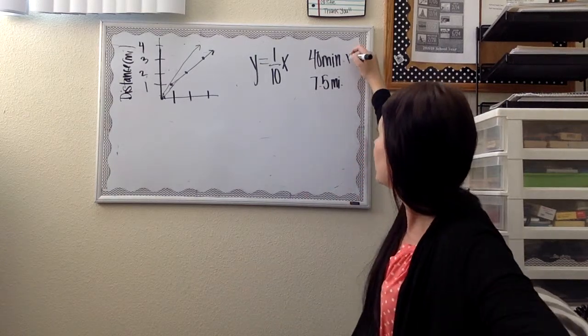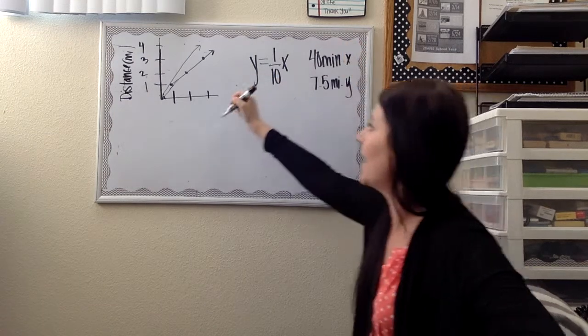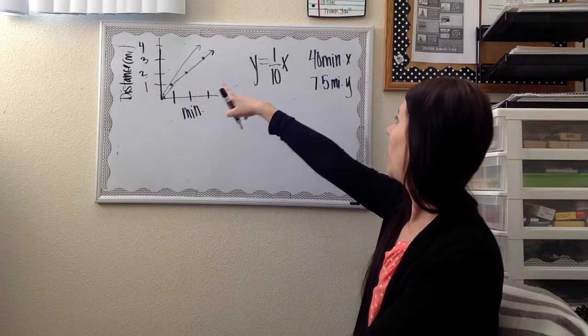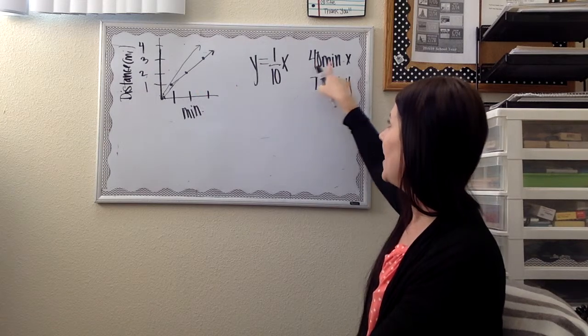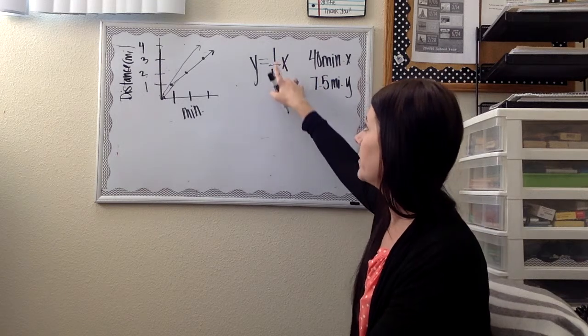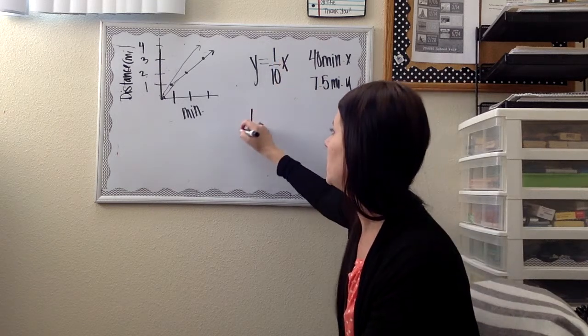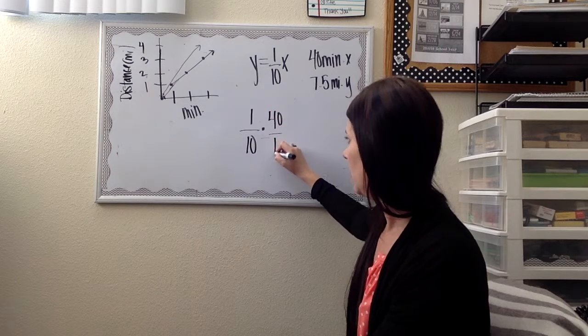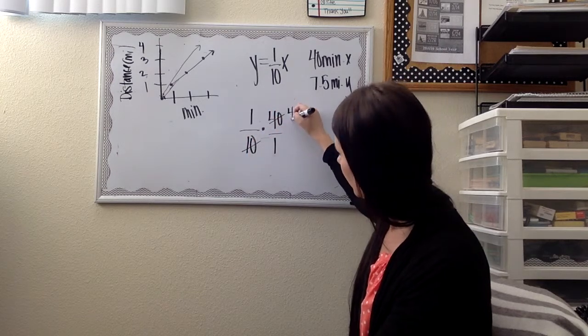So what you have to do is when we want to use our equation, you got to know which one's x and y. This is x, this is y. Minutes was x, and miles was y. So when I want to find out 40 minutes, I got to plug in the 40 where the x is. And because 1/10 is being multiplied by x, I have to do 1/10 times 40. So I can cross cancel.